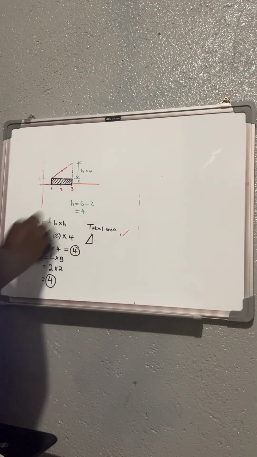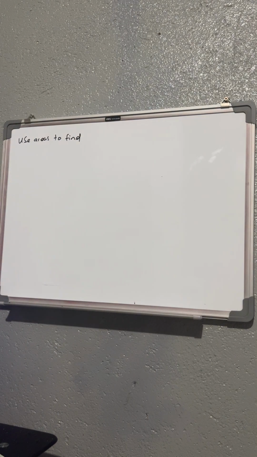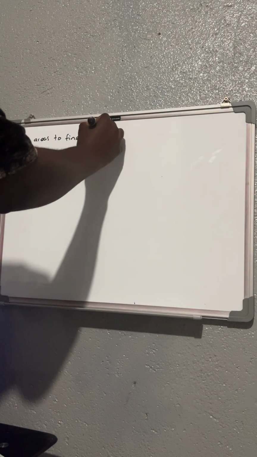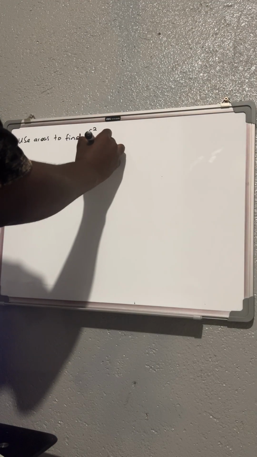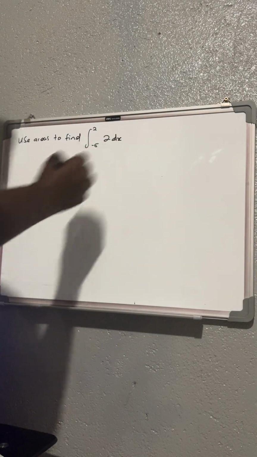So instead of having a function like your linear one, I think I've also seen one where they say use areas to find, okay, they give you an integral that is between 2 and minus 5, and they give you 2 here, and you have your dx.